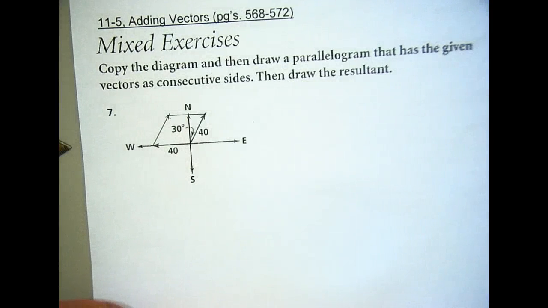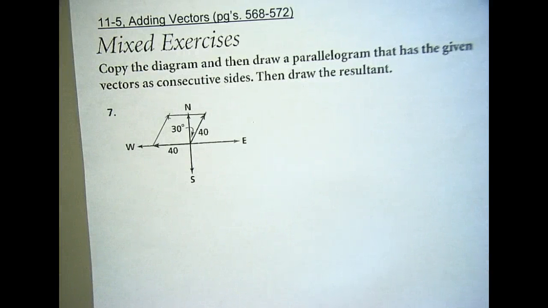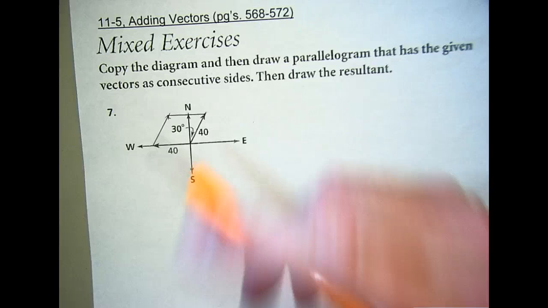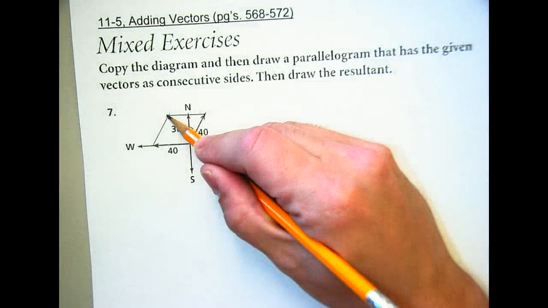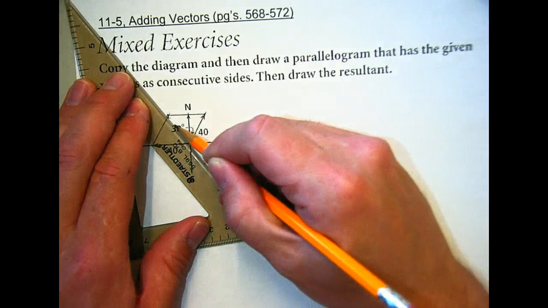Draw the resultant. Tell your neighbor what the resultant is. It's the sum of the two vectors. Okay? Can someone give me a good description of where the resultant is? Bennett? Is it where the two that you just drew meet? Yep, very good. Your resultant is right at the tip where those two meet.